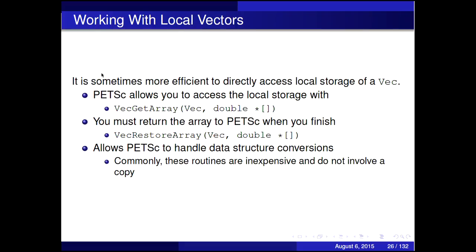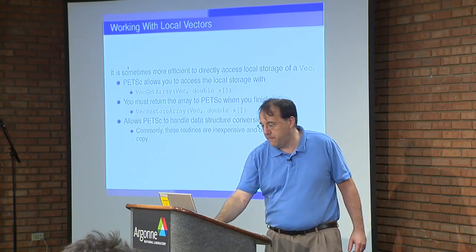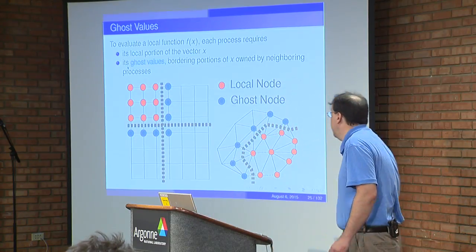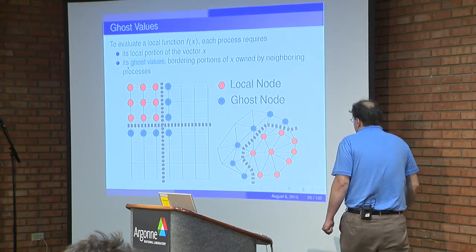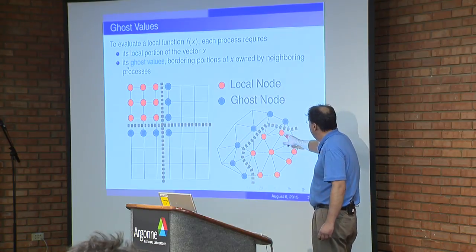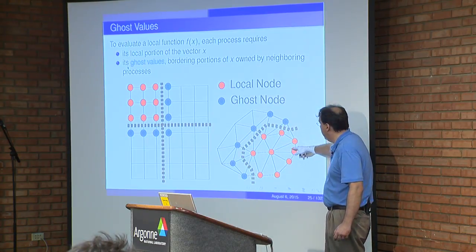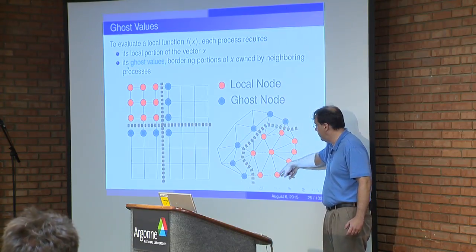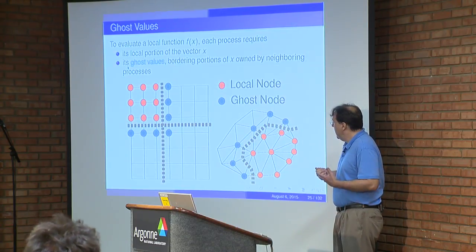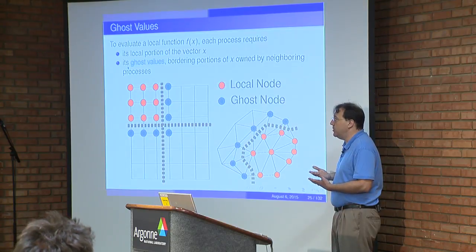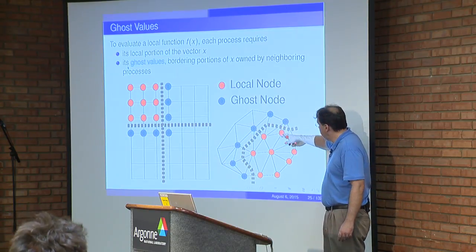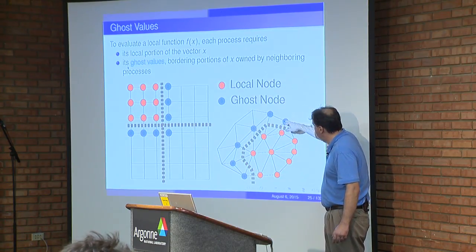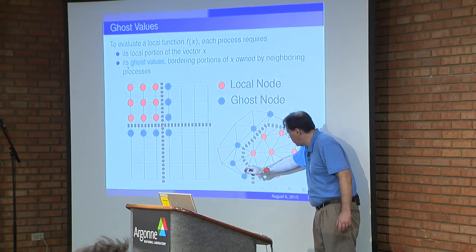So what commonly happens for calculations on these kinds of things is you have your vector, what we call a global vector, which does not have ghost values in either of these two cases. You then construct a local vector, which is as large as this one, plus has these additional values.